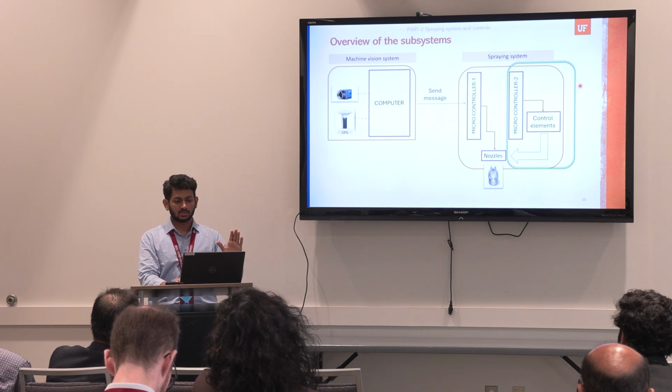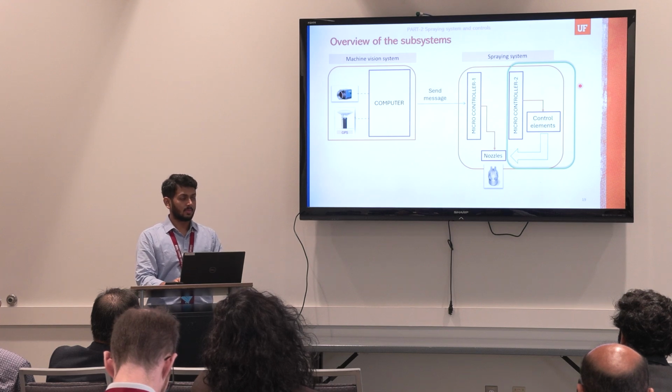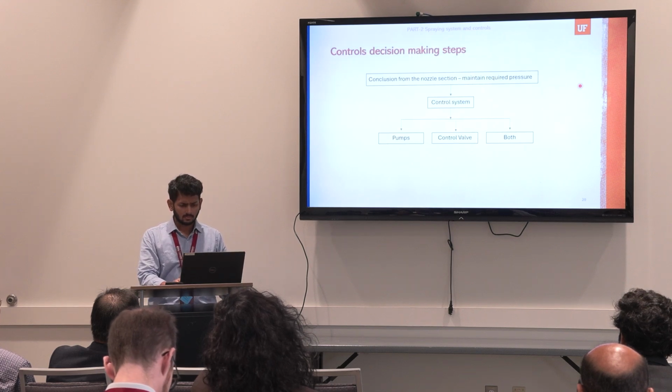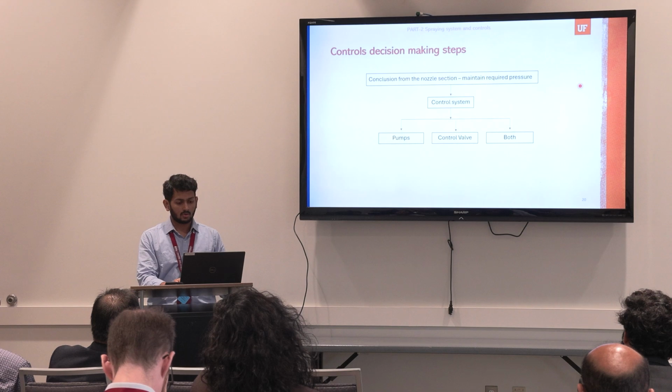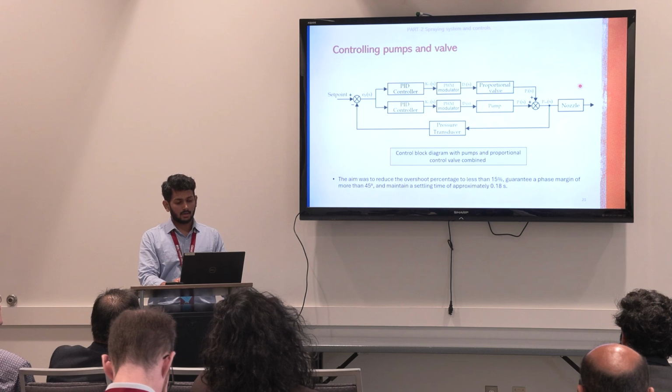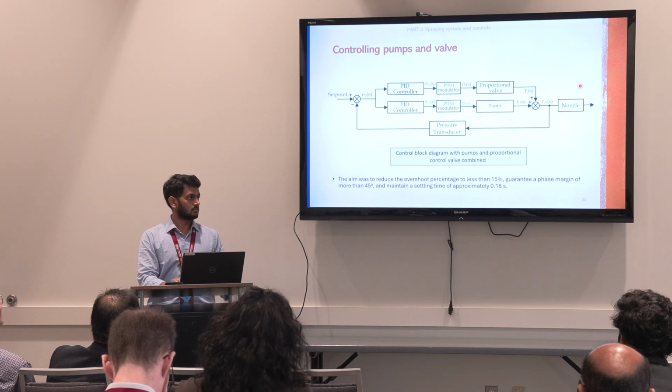So based on all those conclusions, we had to develop a control system which could maintain the set pressure. From the nozzle section, based on the conclusion, we can control either the pumps or the control valve, or the proportional control, or both. In this case we decided to control both, and we have a PID controller which individually controls the pumps.